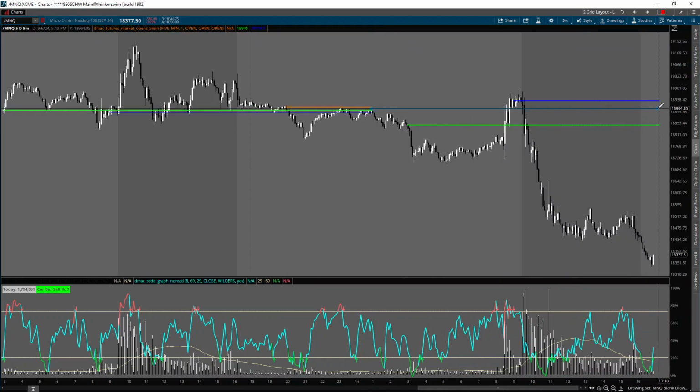These are the open prints, which means that these are the first prices that got transacted at for the Asian and the London sessions. Sorry, orange is Tokyo, green is London, and blue is New York. These are the prices that were printed at the times that these sessions opened. So those are important to me.